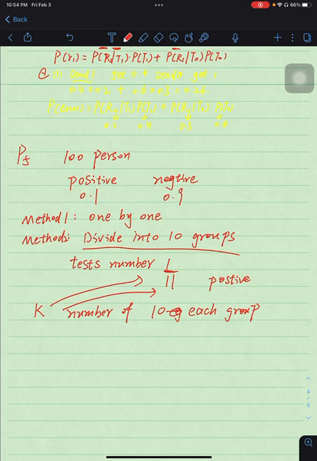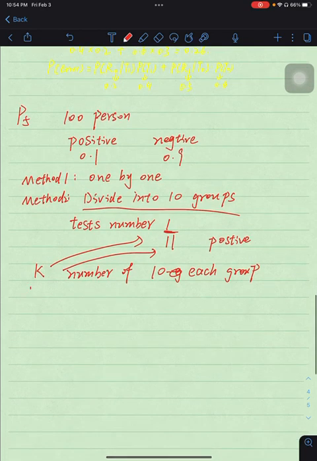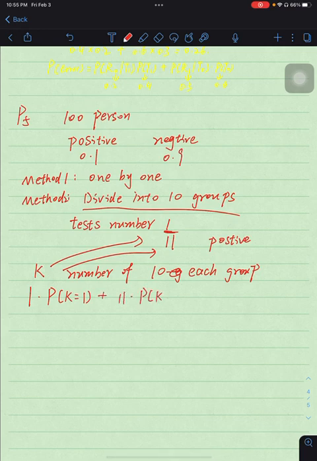If we do one test, K is 1, we need to know its probability. And if it is 11, we need its probability too. So it is the average number of tests we need to do by this method.